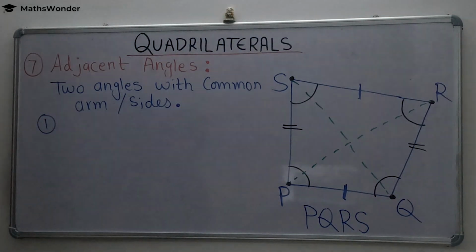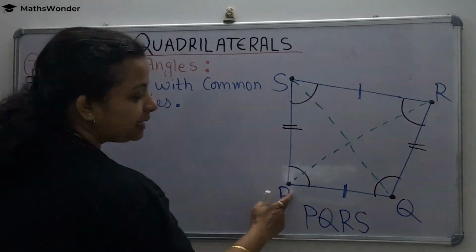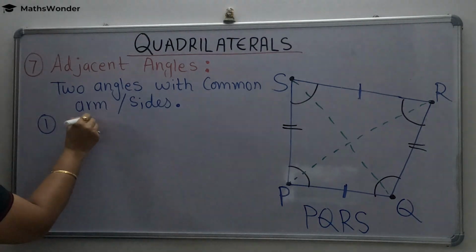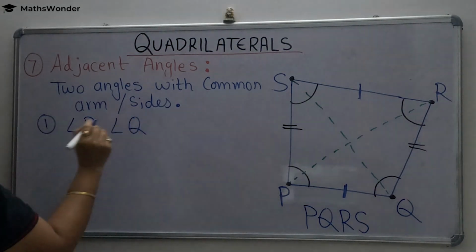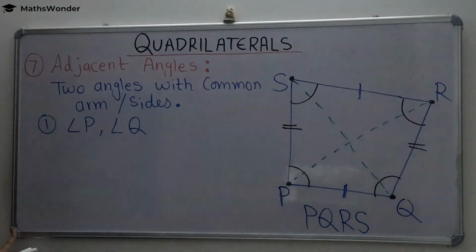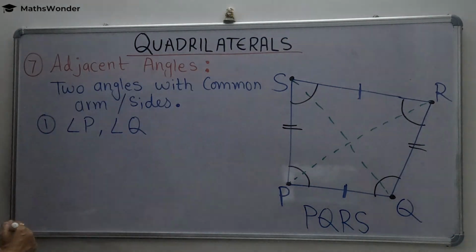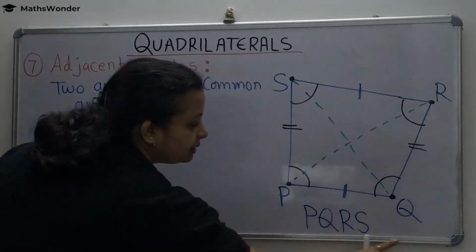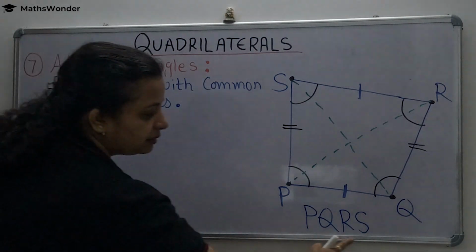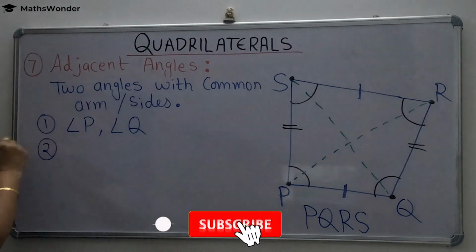Again we can make four pairs. Angle P and angle Q, which is the common side? PQ, right? So angle P and angle Q are the adjacent angles. Like on my board, this corner and this corner. These two are adjacent because this is the common side on my board.